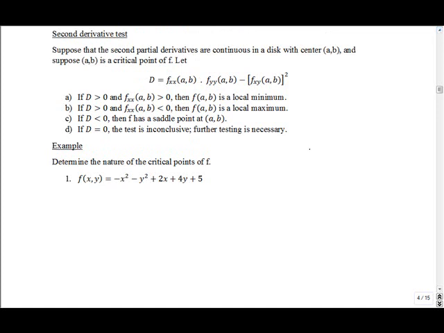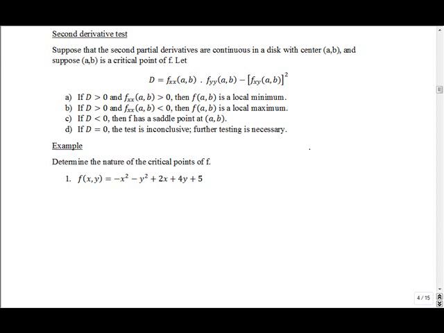But sometimes this test fails. When that test fails, you'll have to resort to some of the stuff that we just did. What is the second derivative test? Suppose that the second partial derivatives are continuous in a disk with center AB, and suppose AB is a critical point of f. So again, you must find the critical point.